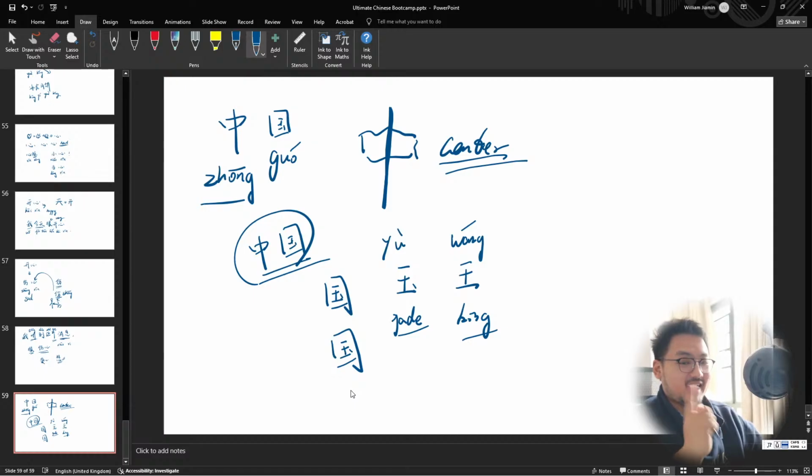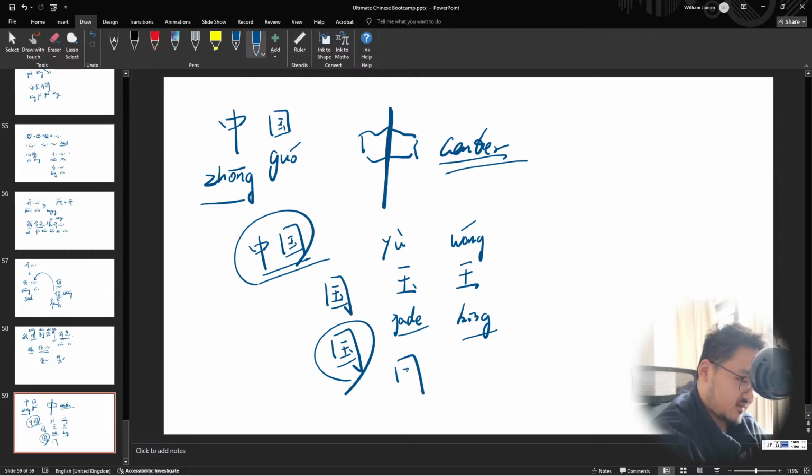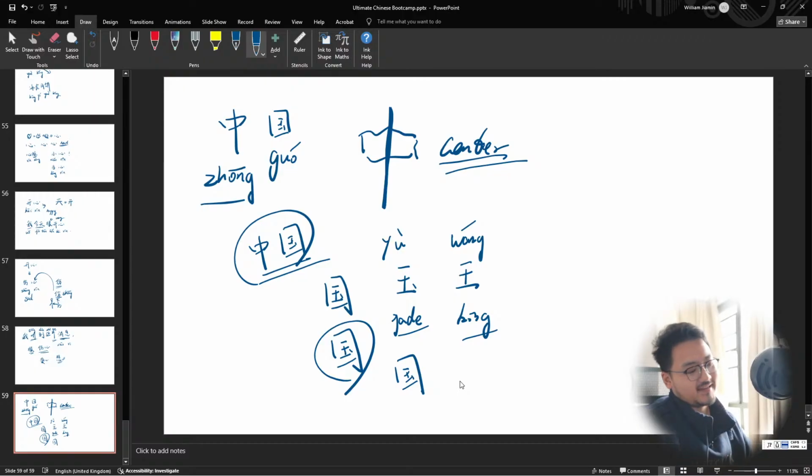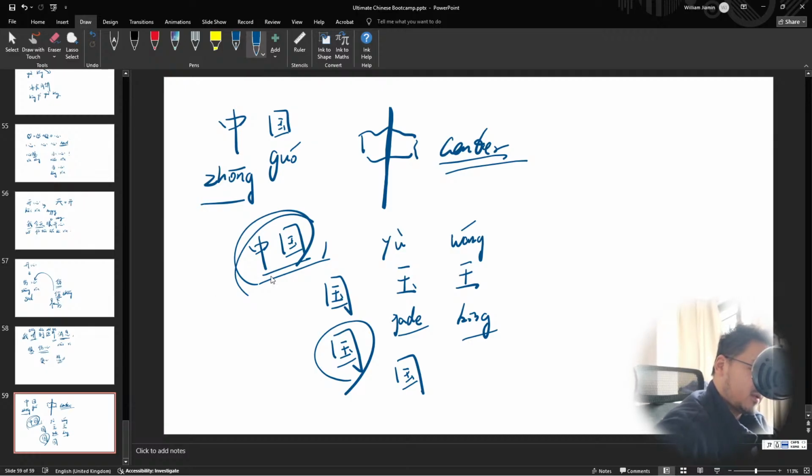So this is the king's word, right? So it's like 国. Or you can think of this as a circular shape, and whatever is inside is the king with the jade, and this range is that king's reign, this king's country. That's 中国 for you. Middle Kingdom.